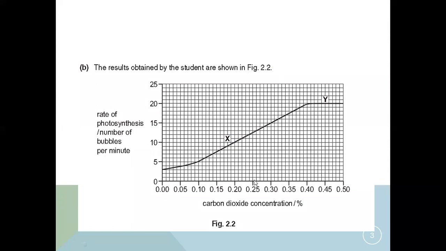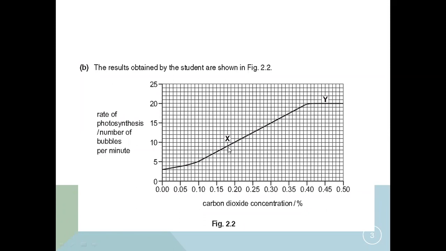The rate of photosynthesis is still increasing here at x, but when it reaches 0.4, the rate of photosynthesis becomes constant, right? Now a question here is why at point x the rate of photosynthesis is increasing, and why at point y it becomes constant? At point x the rate limiting factor is carbon dioxide.